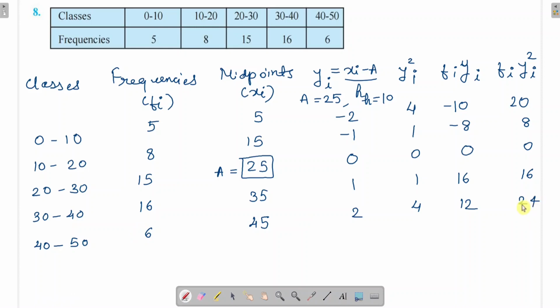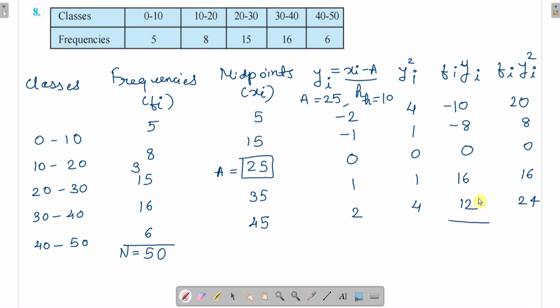Okay, now let us calculate the sum of the frequencies here. 5 plus 8 is 13, 13 plus 15 is 28, 28 plus 16 is 44, 44 plus 6 is 50. So capital N is equal to 50.